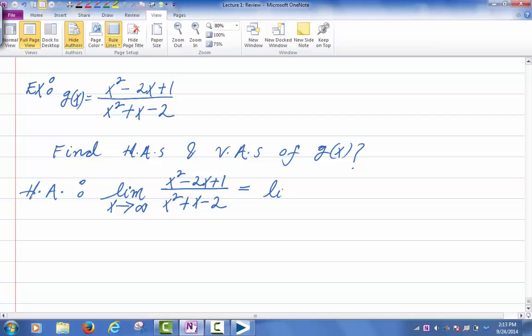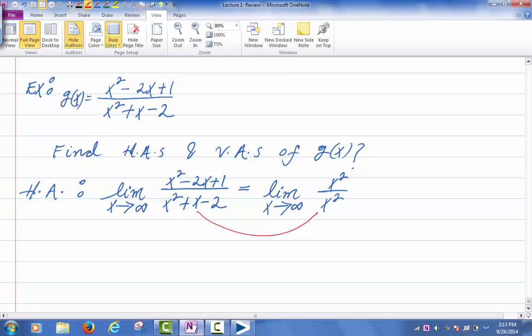This limit, remember I said, if you're looking at the limit as x goes to infinity for a rational function, you can just look at the dominating terms. So what's the dominating term on the numerator? x squared. What's the dominating term in the denominator? Notice that these two functions are not the same, right?